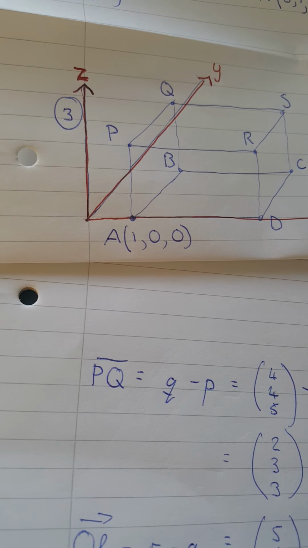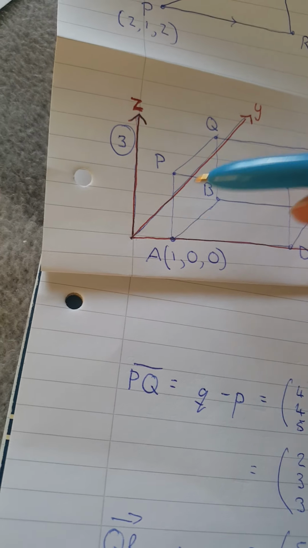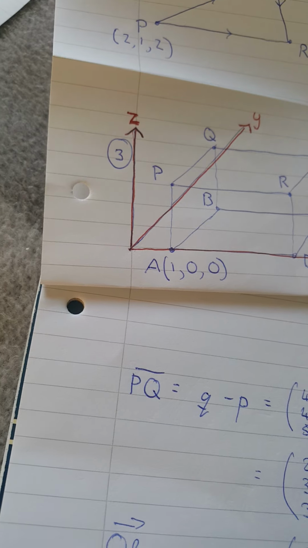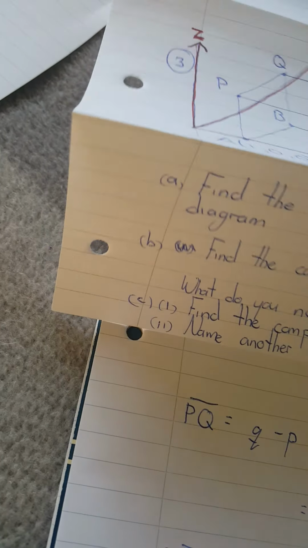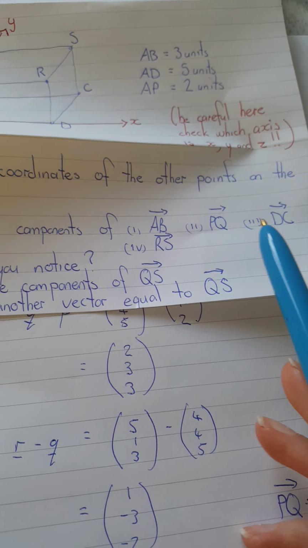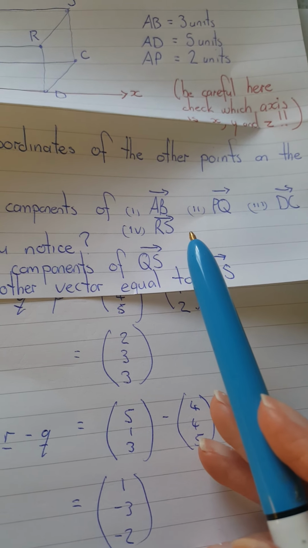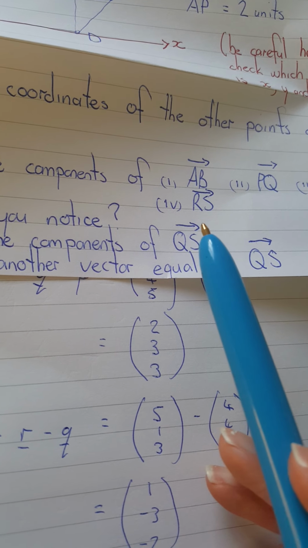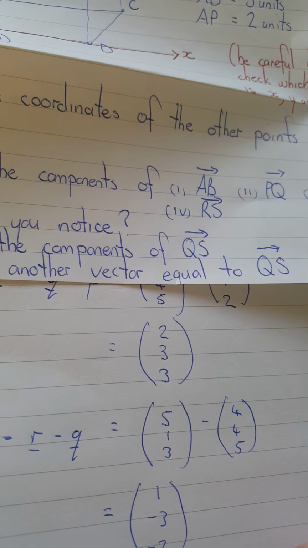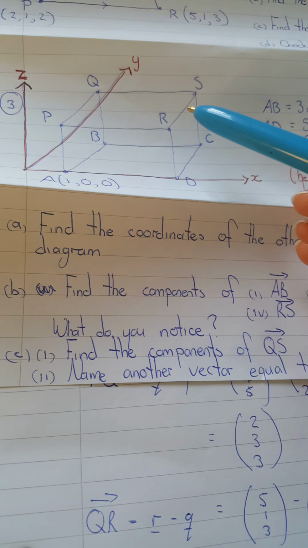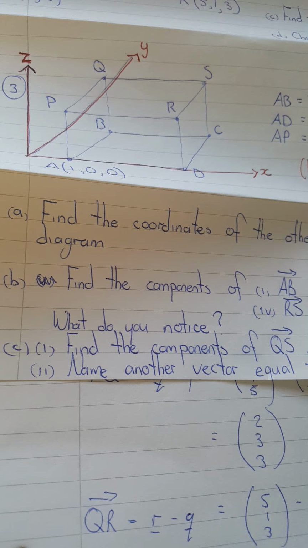The same would be true with the vectors AP, BQ, CS, and DR. So when you work out the components of AP, PQ, DC and RS, they should all work out to be the same. From that, what you need to realise is that vectors that are parallel and the same length are effectively the same vector.